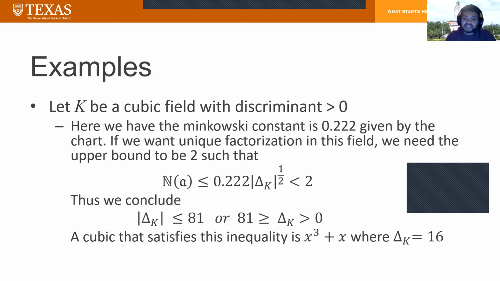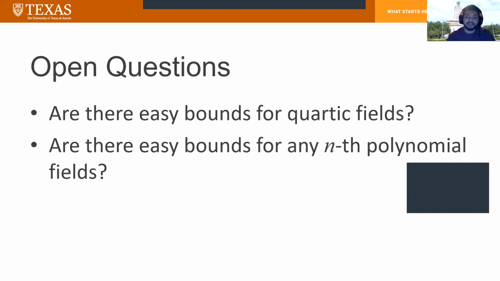Thus we have the following inequality, and by similar algebraic manipulation, we conclude that the absolute value of delta K needs to be less than or equal to 81, or more concretely, 81 has to be greater than or equal to delta K, which is strictly greater than 0. A cubic that satisfies this inequality is x cubed plus x, where the discriminant of K is equal to 16.